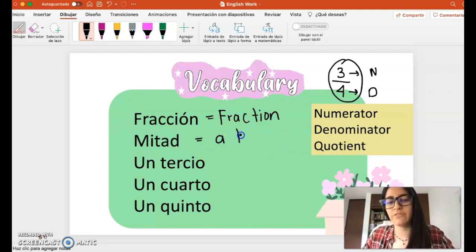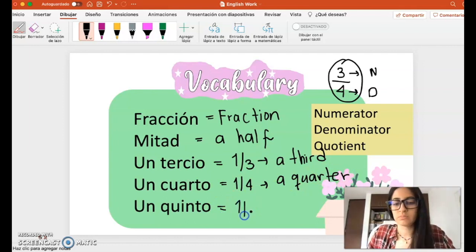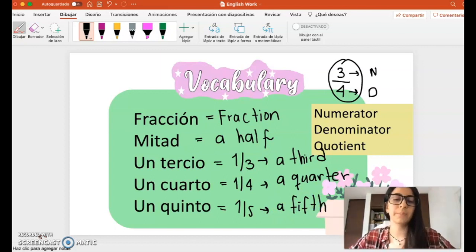So we can say a half, un tercio, we can say a third, un cuarto, we can say a quarter, and un quinto, we can say a fifth. These words are very useful for fractions, and we use in different situations in math.